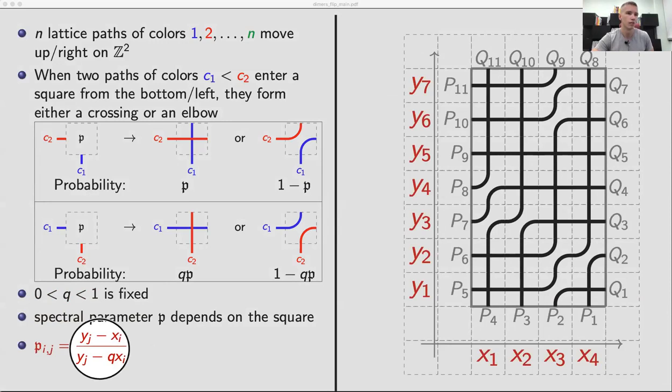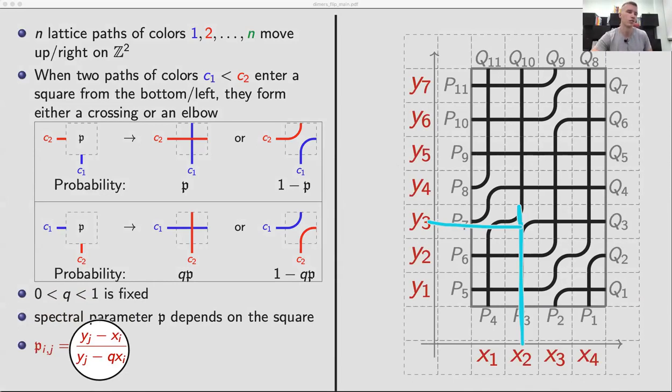It's a ratio of two linear expressions. So you choose the x variables for your columns, and then the y variables for your rows, and then for every square, you're going to have x_i to the bottom of it, and then y_j to the left of it. And so these are the x's and y's in this formula.